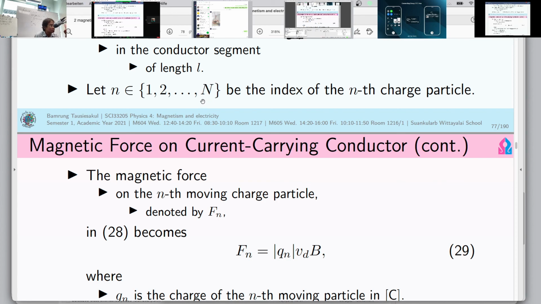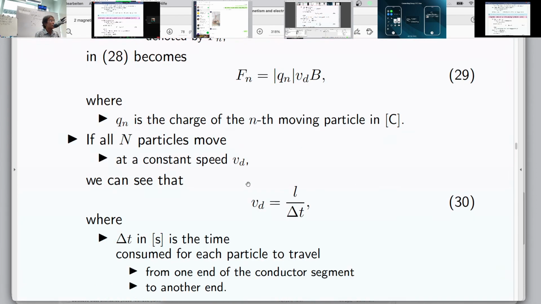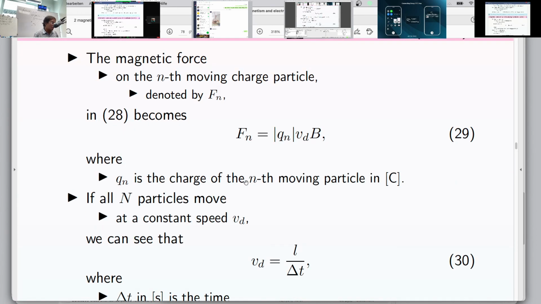If you have 10 people, the first person is denoted by number 1, the second person is denoted by number 2, something like that. And we have N charges. It's a moving particle, and we can apply F = QVB to each particle, and you will get F as the absolute Qn times Vd, which is the drift velocity for the particle.